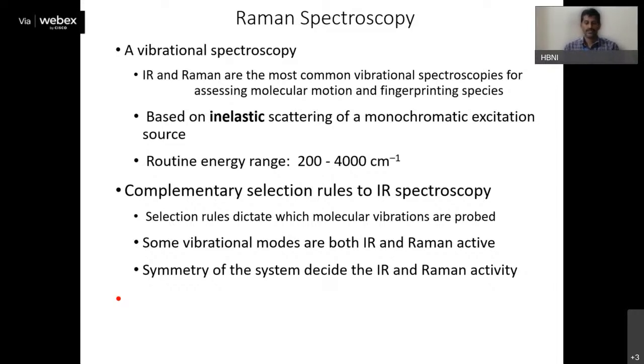So there is another technique which can be used to investigate these vibrational modes in the system, and that is known as Raman spectroscopy.